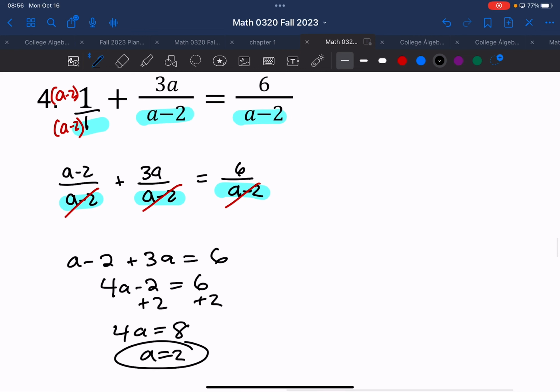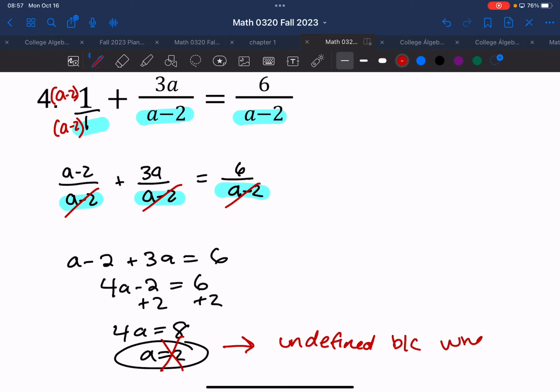Okay. Before I claim that as my answer, I have to check, were there any variables in my denominator? Yes. So if I plug in 2 into this a minus 2, will I get a 0? Yes. And can we divide by 0? No. So that means instead of a equals 2 as my answer, what's my answer? Undefined. Good. It's undefined. And I'm going to write why.